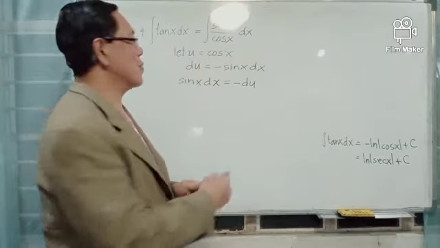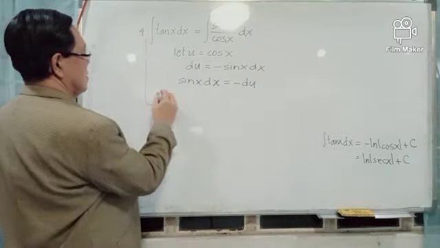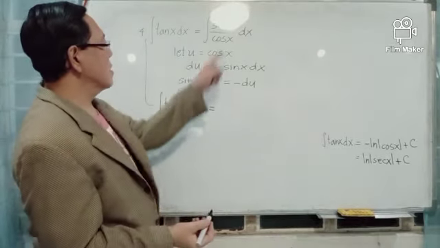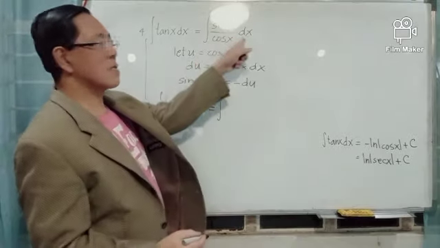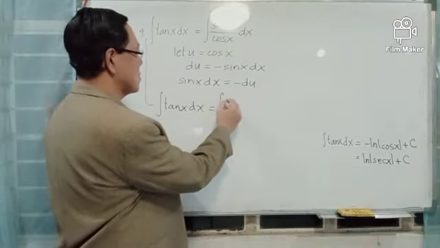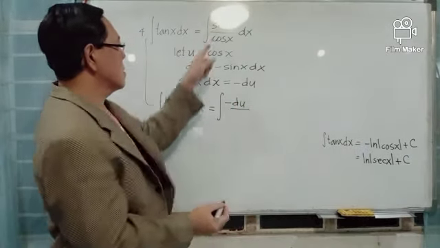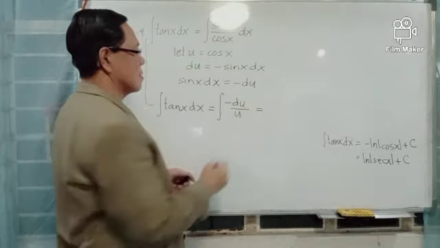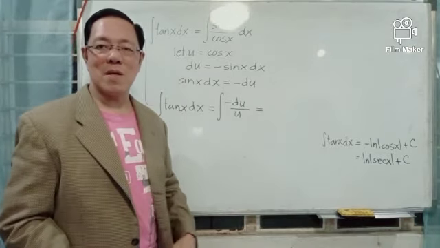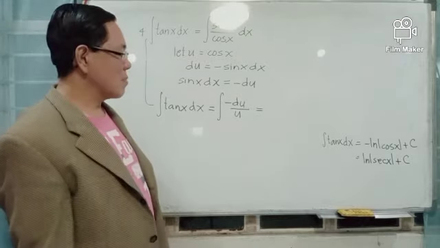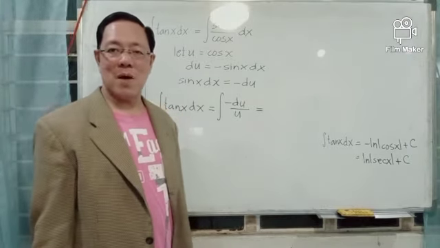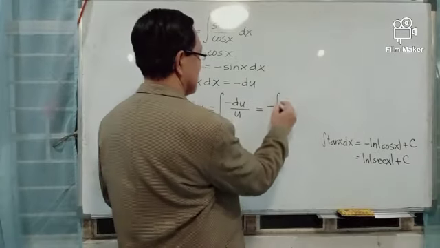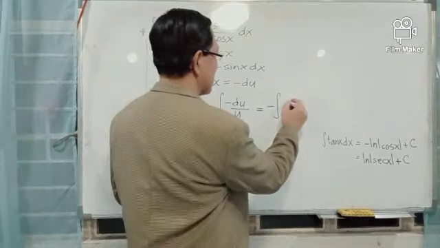This integral now is equal to the integral of tangent x dx is equal to the integral sine x times dx is negative du over cosine x is u equals, since negative 1 is a constant, we apply the integration rule for the integral of a constant times the function, that says the integral of a constant times the function is equal to the constant, here it's negative 1, times the integral of the function 1 over u with respect to u.